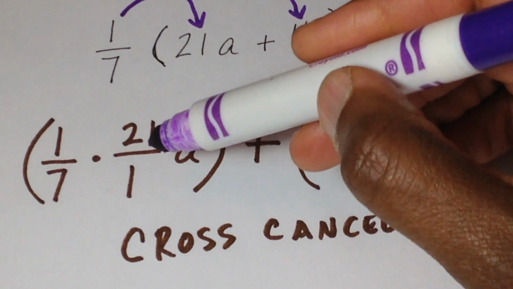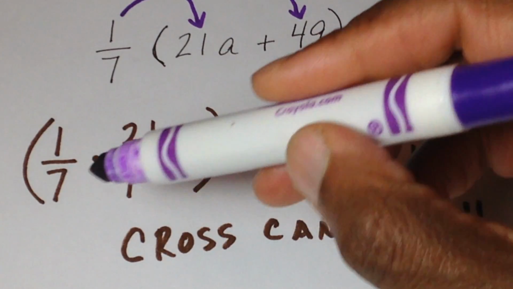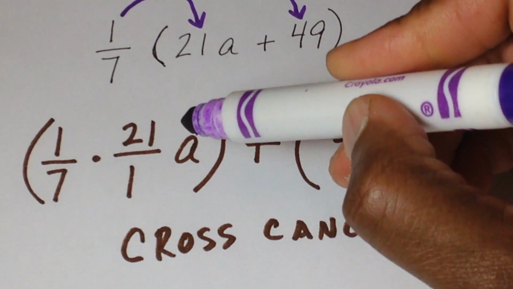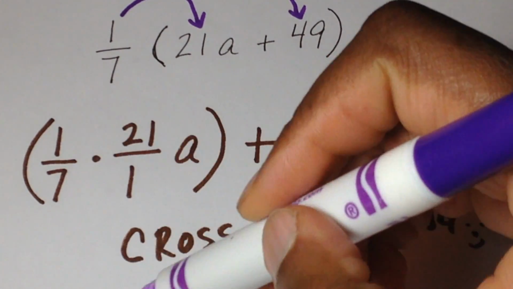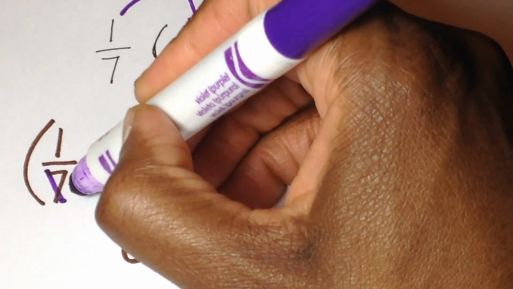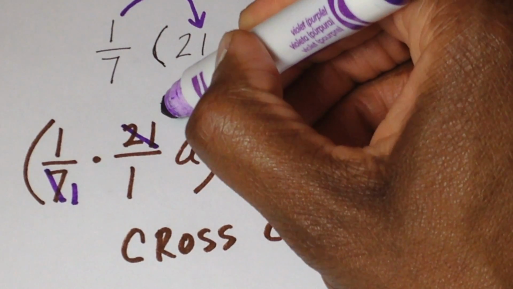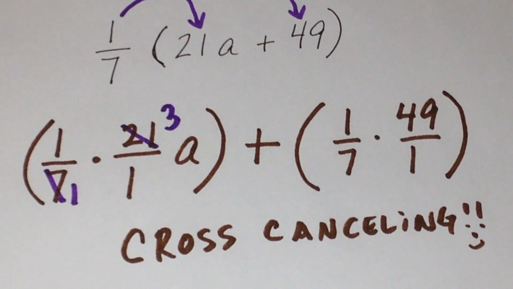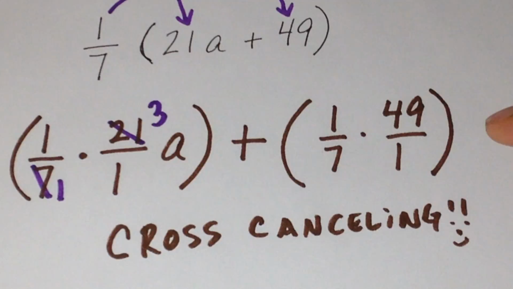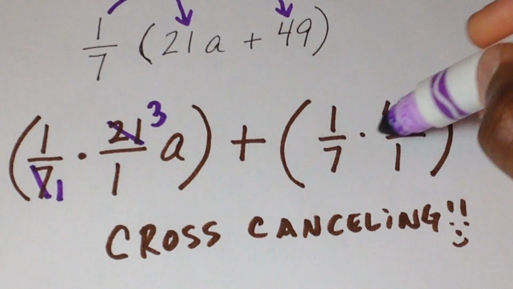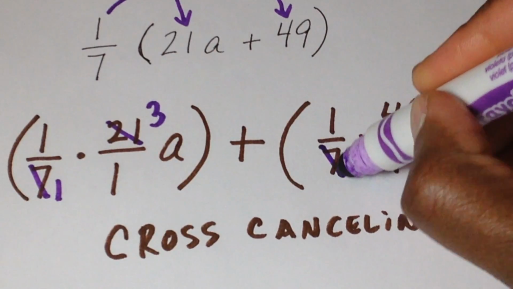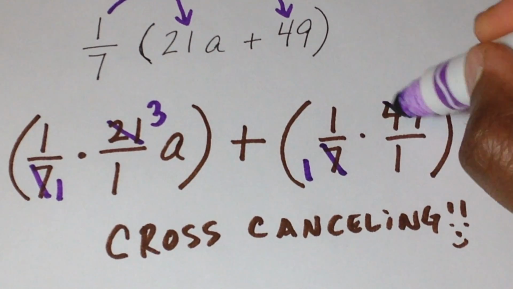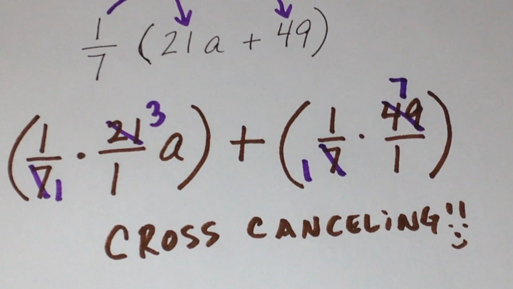So now we look at the first set. In this parentheses, I see that I have 7 here and 21. Now 7 can divide into these two numbers. 7 goes into 7 one time, and 7 goes into 21 3 times. If I look at the second set of parentheses, 7 can also go into 7, and 7 can go into 49. 7 goes into 7 one time, and 7 goes into 49 7 times.